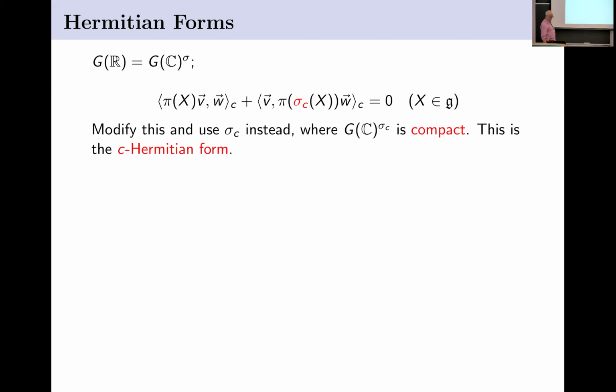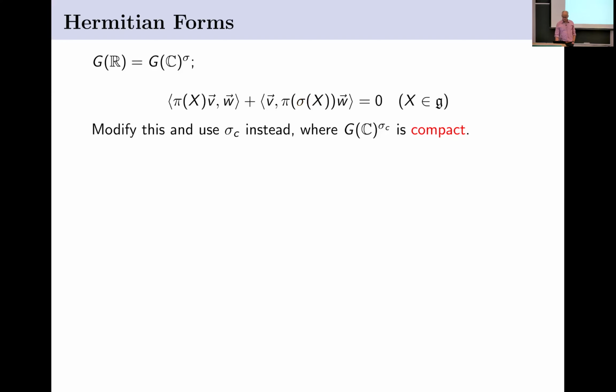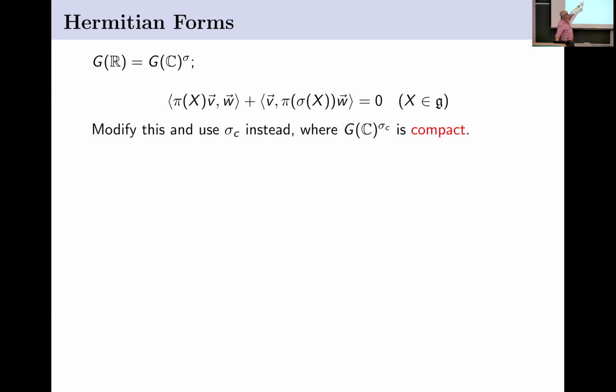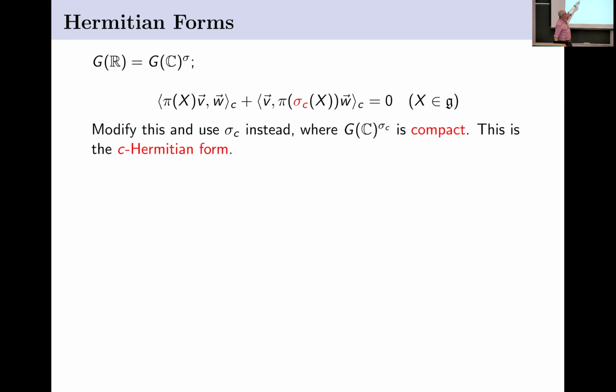Now, I just played a little trick there. It's a little hard to see, so I'll go back. The only thing I did in that formula was insert that C, the red sigma C there. That's the only difference, and I put a C subscript on those. So it's the same formula, but with this other anti-holomorphic involution.